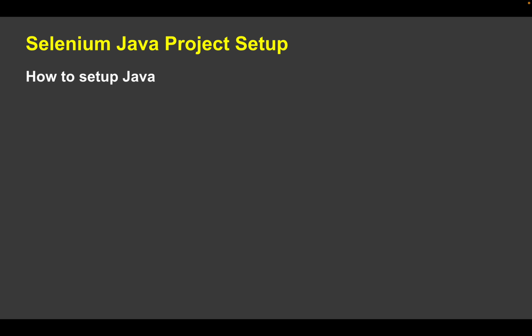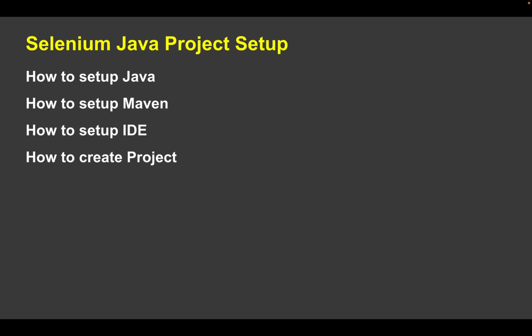So in this particular session we are going to set up the environment first. We will first set up Java, and I'm going to show you this both on Windows and Mac operating system. So if you are using Windows or Mac, you can follow this, and also when we create our scripts, you can again run them on Windows, Mac, or even Linux operating system. Okay, so we will set up Java, we will set up Maven, we will then select an IDE.